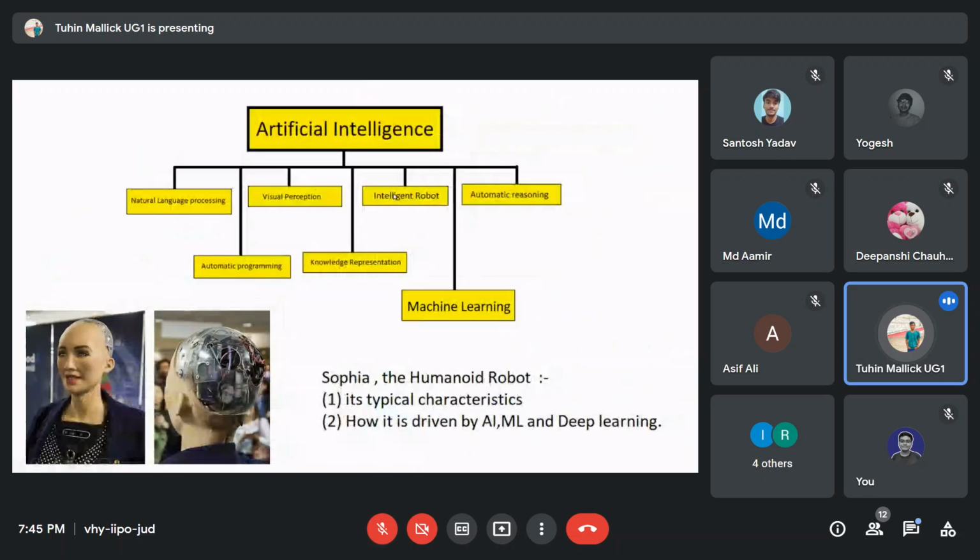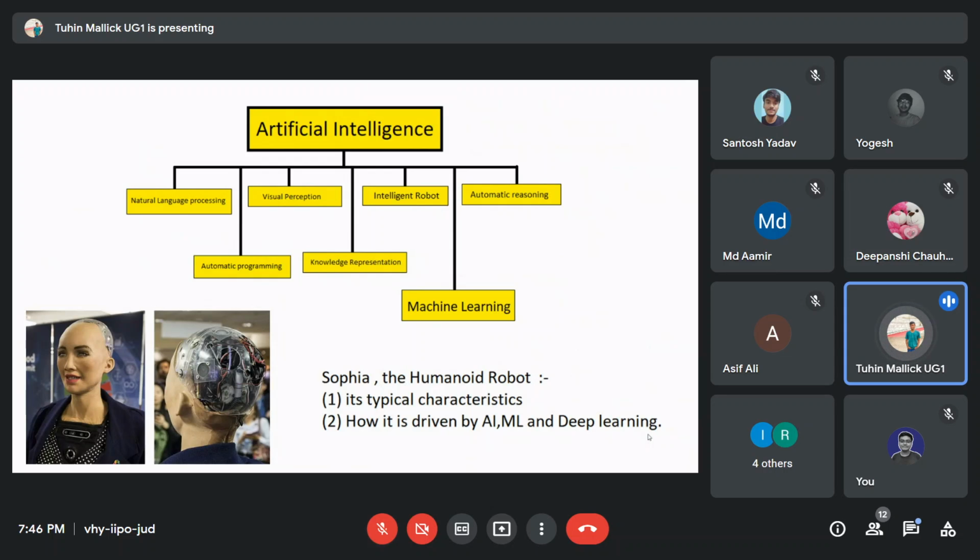So Sophia, the humanoid robot. Why is it so unique? Its typical characteristics: it is driven by artificial intelligence, machine learning, and deep learning. So artificial intelligence is what you should thank, the blessing of artificial intelligence, under which machine learning falls.